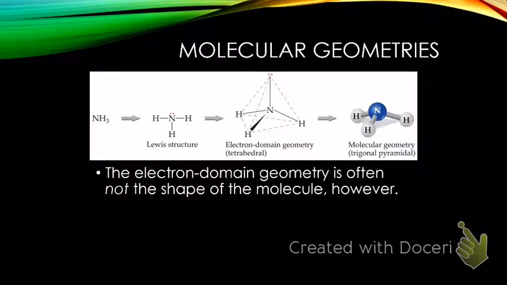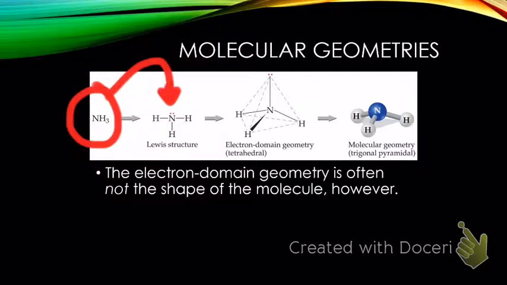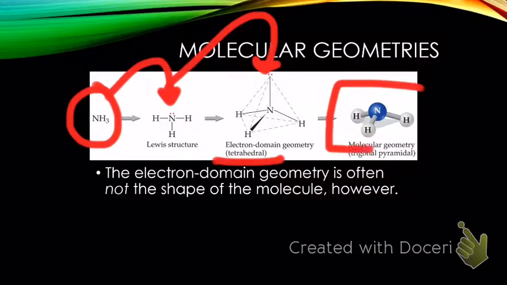And so I like this picture much better because it clearly shows how you take the formula, you develop a Lewis structure, you can look at the electron domain geometry, which is tetrahedral, but then you don't include the lone pair electrons because this is what the actual molecule looks like. And it's called trigonal pyramidal.